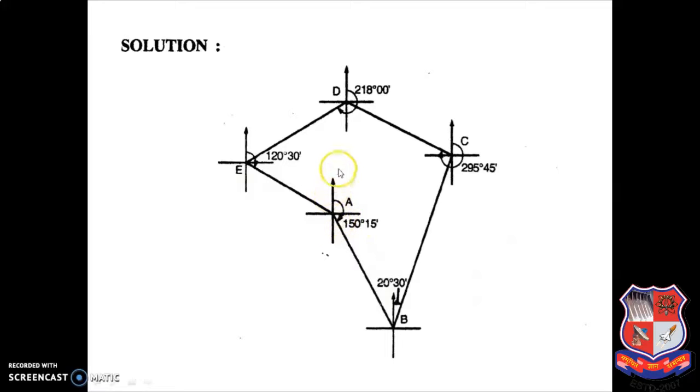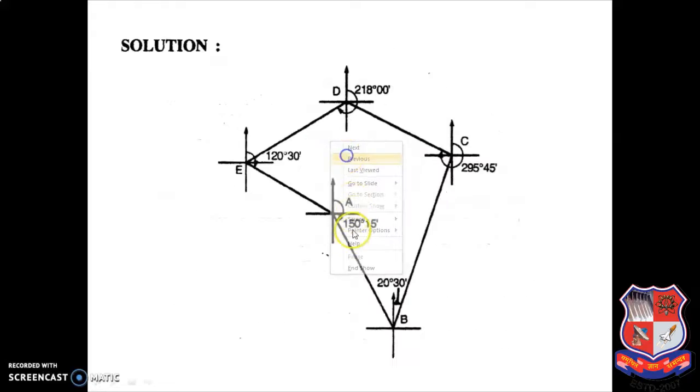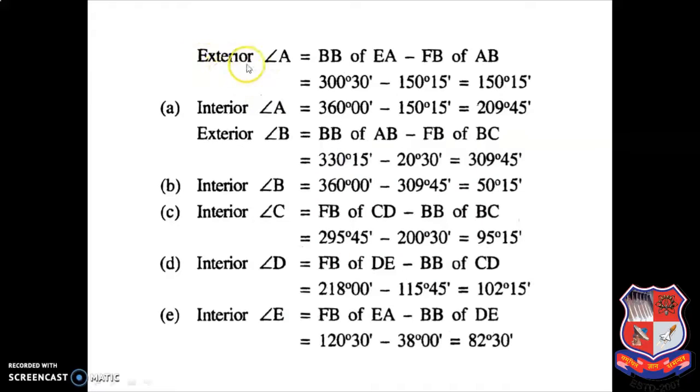How will you mention this 300 degree 30 minute? This will be 300 degree 30 minute from here to here, and this will be 150 degree 15 minute from here to here. So this portion from here to here, you can see my cursor, is what I am getting, and that is my 150 degree 15 minute. But here this angle is formed outside the traverse. That's why I have used the word exterior angle A.